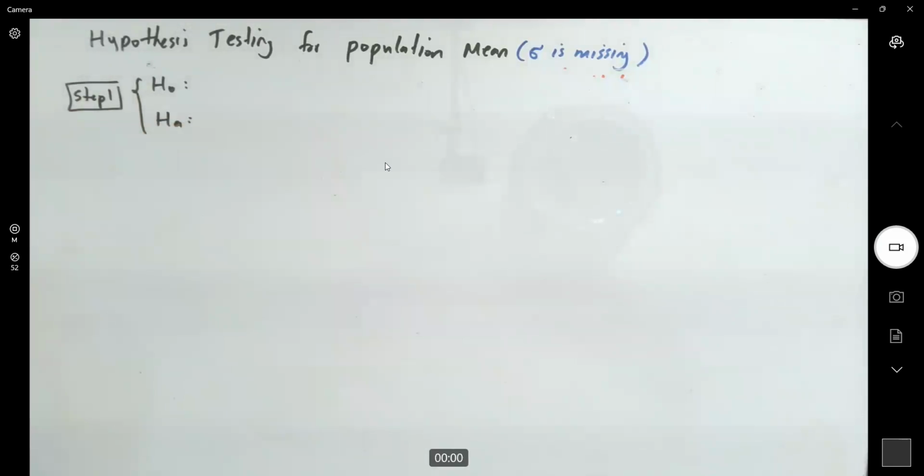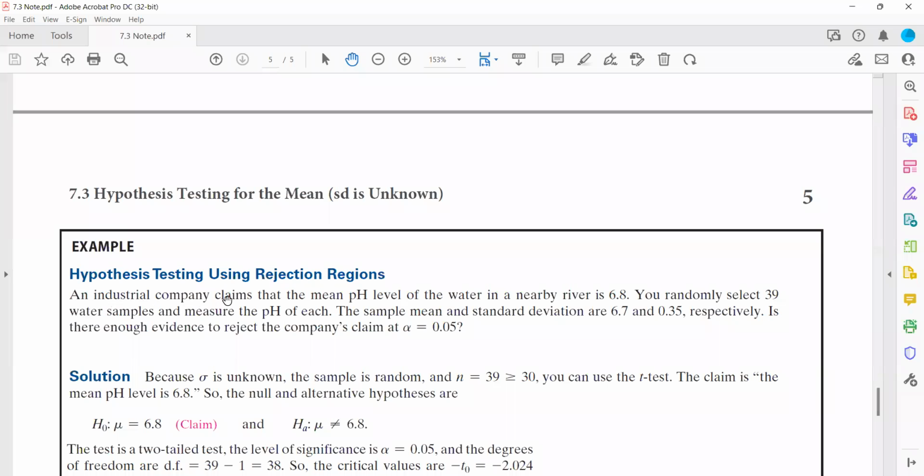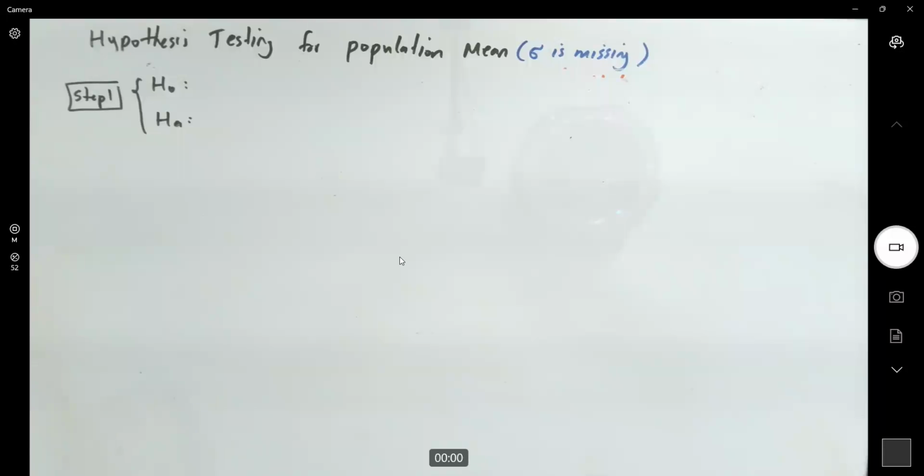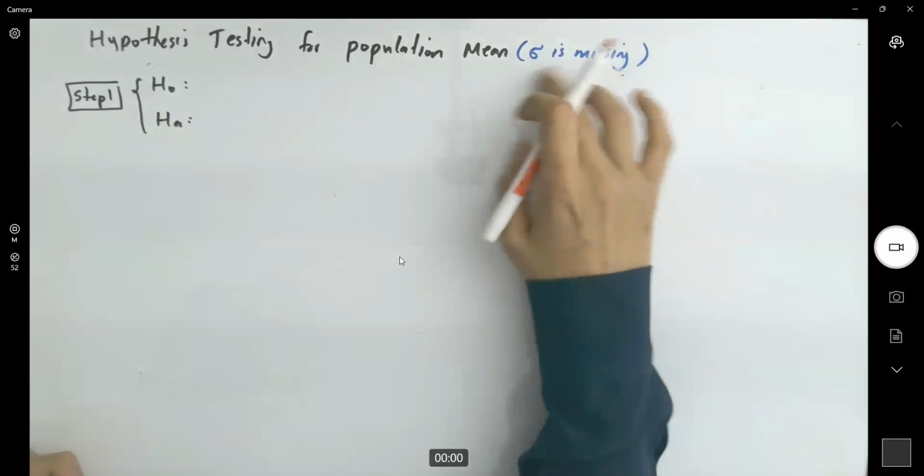The question says the company claims that the mean is 6.8. That is the keyword.